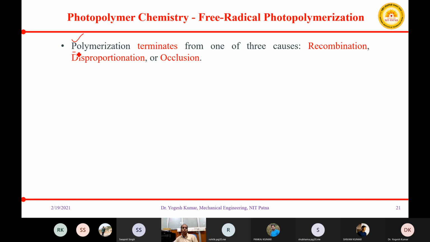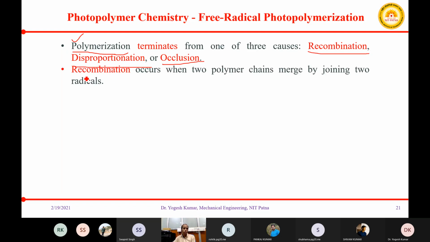But how does this termination take place? There are basically three routes: recombination, disproportionation, and occlusion. Recombination occurs when two polymer chains merge by joining two radicals.